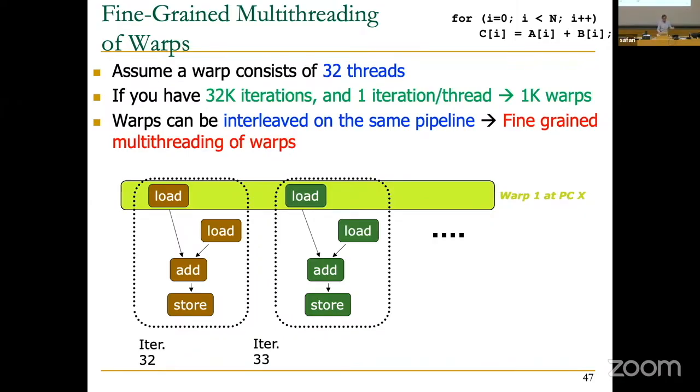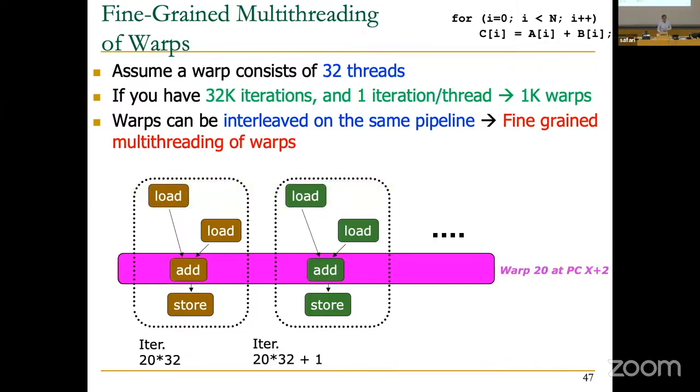But if someone tells you, for example, you have warp 20 at PC X plus 2, you can actually calculate which iteration it is executing in the scalar code. Basically, we've divided 32K iterations into 1,000 warps. Each warp consists of 32 threads.